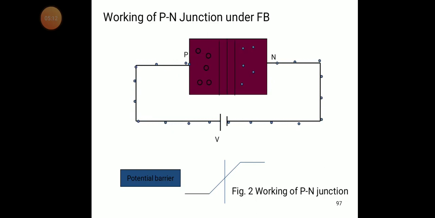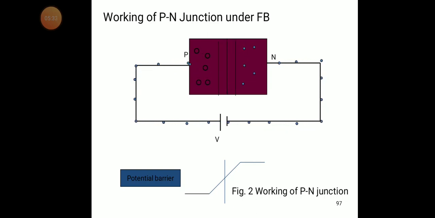Whenever the junction forms, the electrons of the N-type move towards the P-type material. When electrons and holes combine, they recombine and eliminate the charges at the junction.